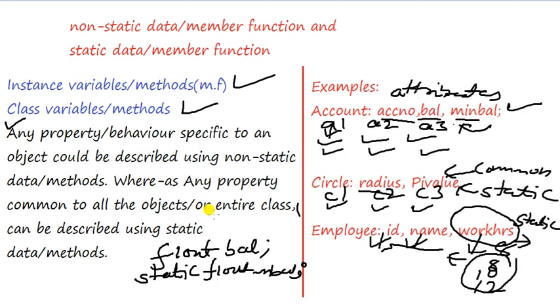That's why any attribute which has a common value for all objects must be declared as static, and any attribute which has a specific value, which we need to store with every object, should be non-static. Let us see one example of how we use static and non-static in C++.